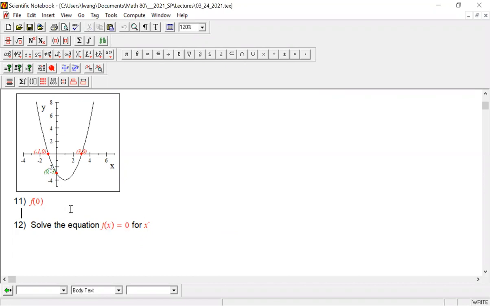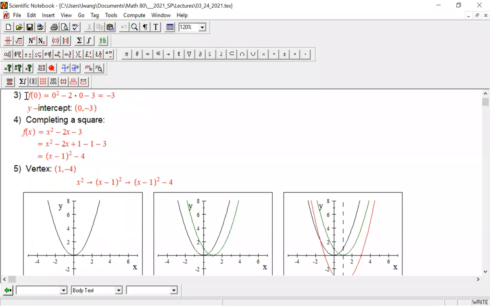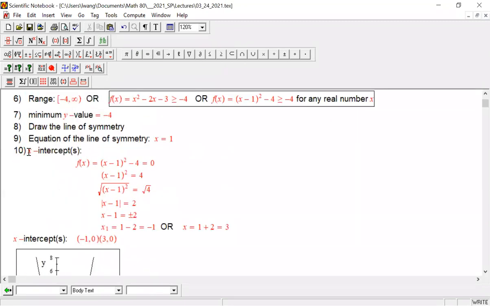So for number 11, it's very straightforward because it's essentially the same as number 3. So all you have to do is just do it here. Boom. And the point of intersection we already know. And number 12 essentially is number 10.